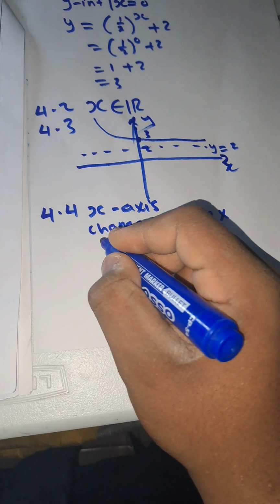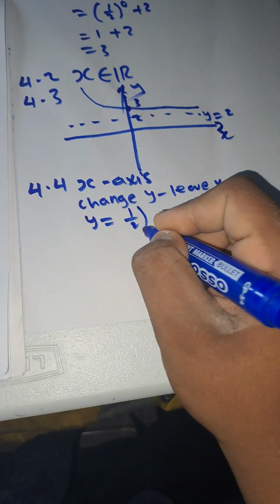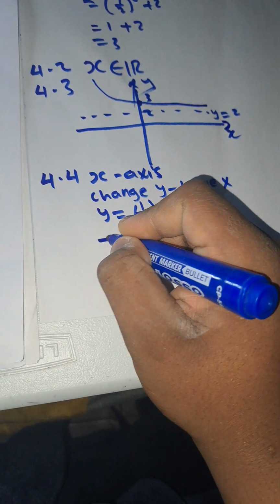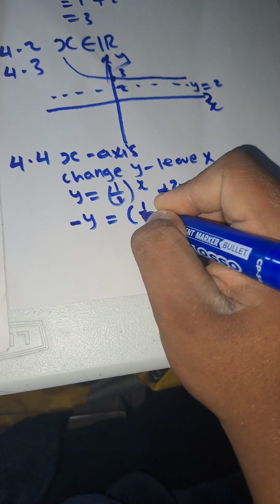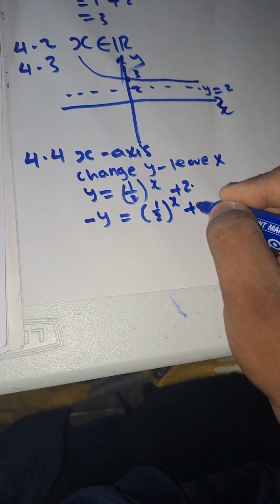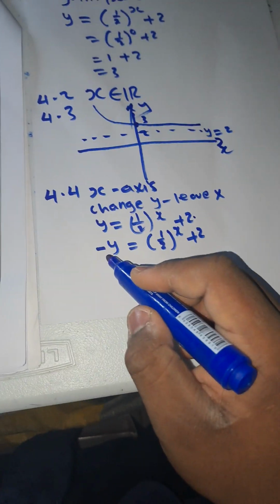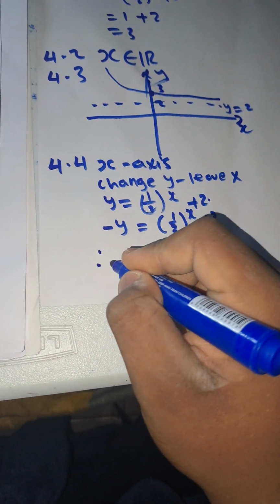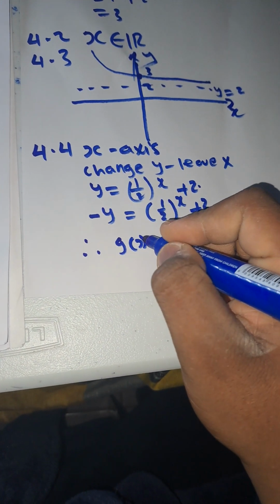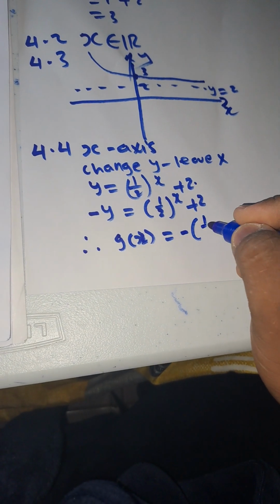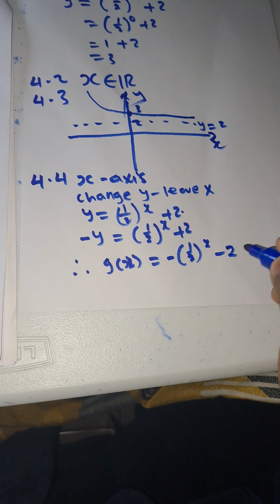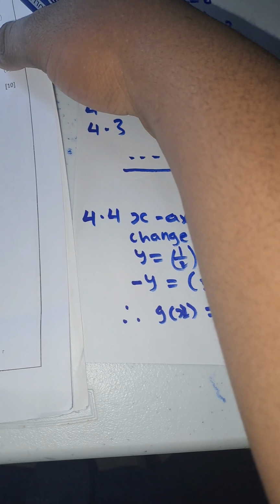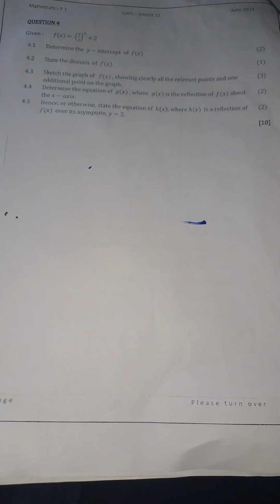So what is my equation? y equals 1 over 2 to the power of x plus 2. Then you change y, reflection: negative y equals 1 over 2 to the power of x plus 2. Since I cannot say my equation is negative y, I'm going to divide everything by a negative. Therefore g of x equals negative 1 over 2 to the power of x minus 2. I'm done. X-axis reflection: change y, leave x.